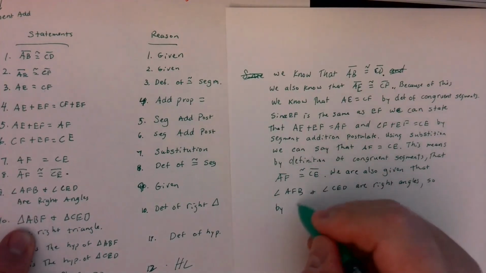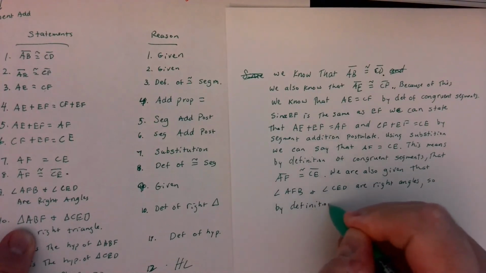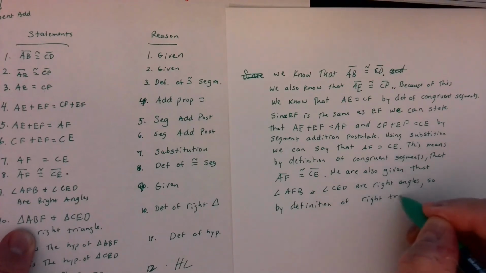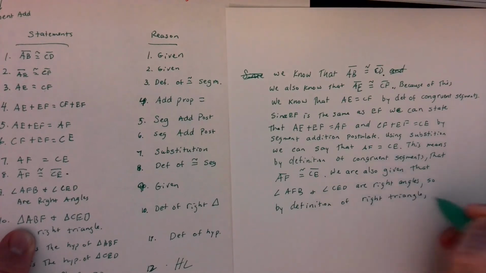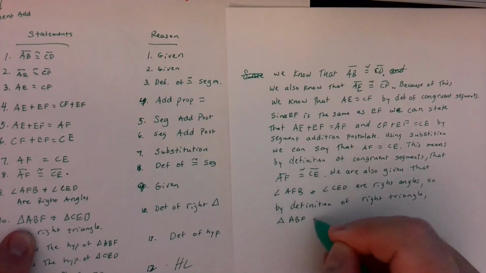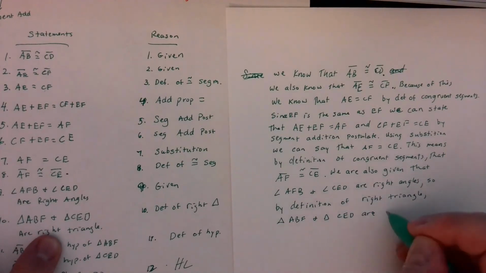So by definition of right triangle, triangle ABF and triangle CED are right triangles.